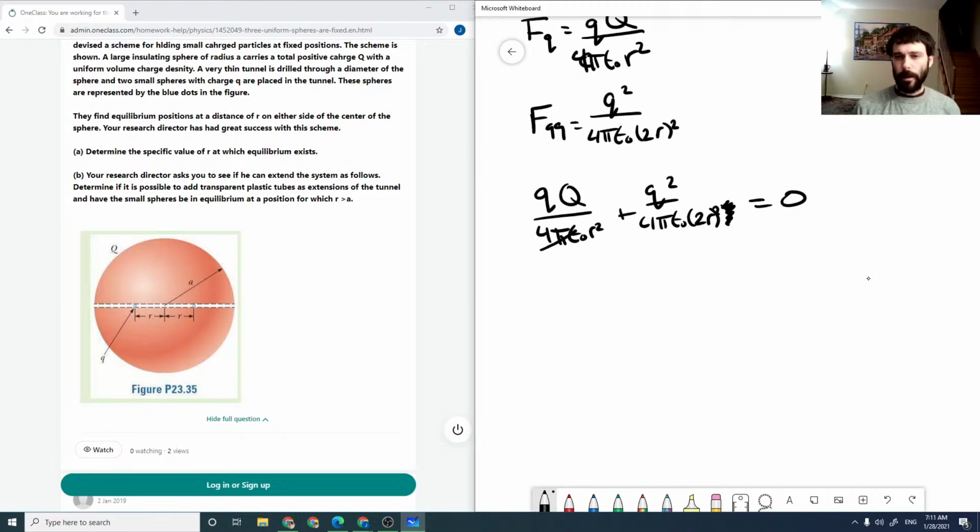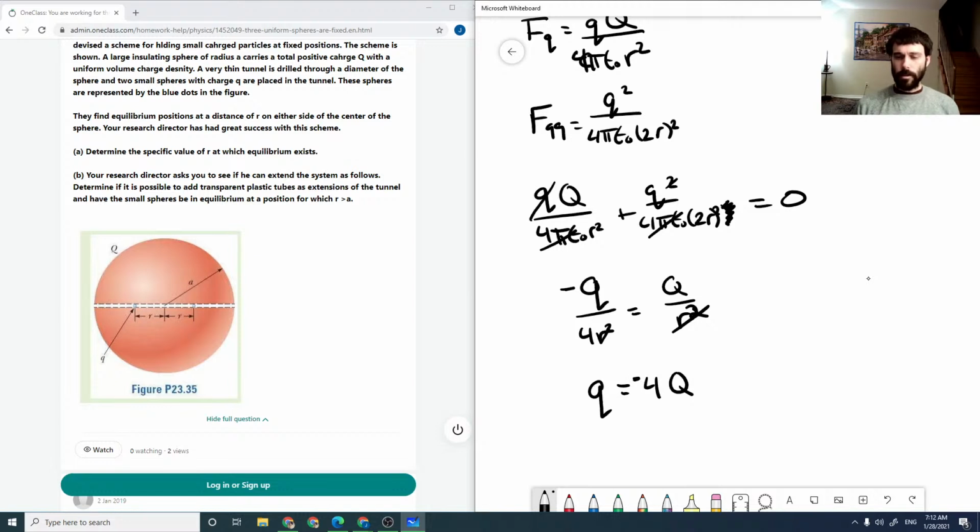Again, we can cancel 4 pi epsilon naught, and one of the q's we can rearrange here. So we've got minus q over 4r squared is equal to q over r squared. So then the r squares will cancel, and that means there's an equilibrium at any r as long as q equals minus 4Q.